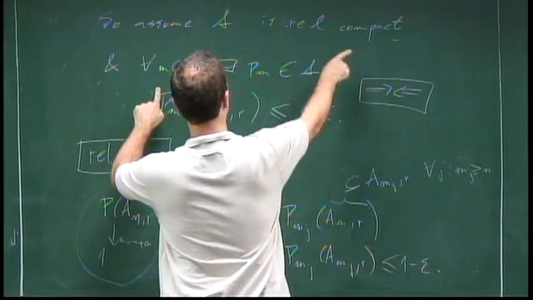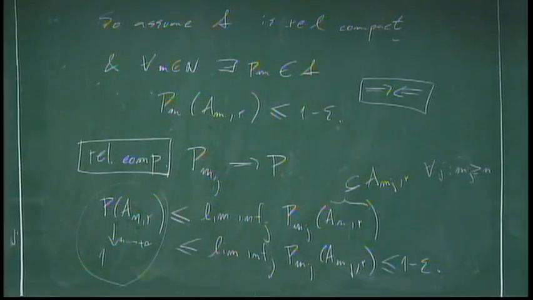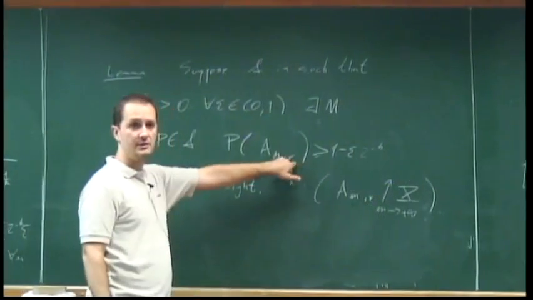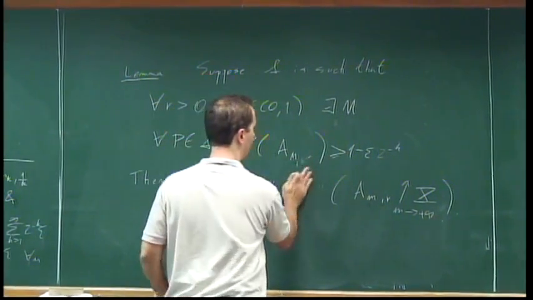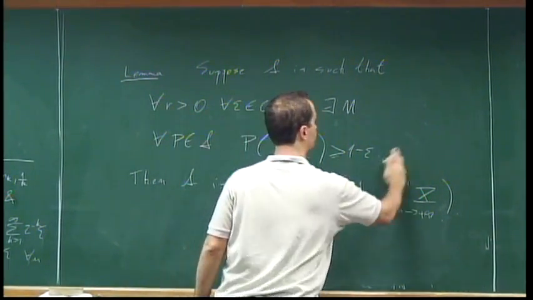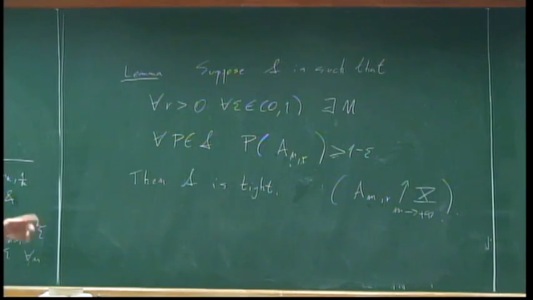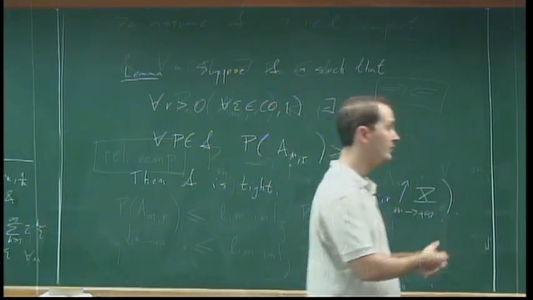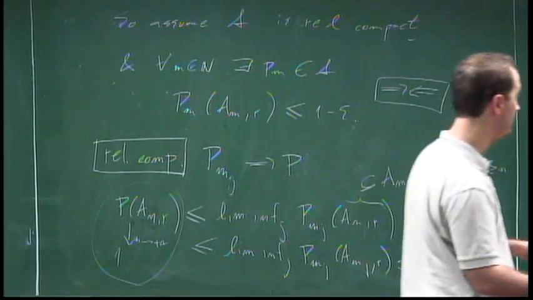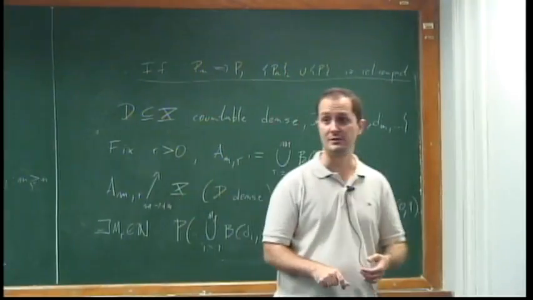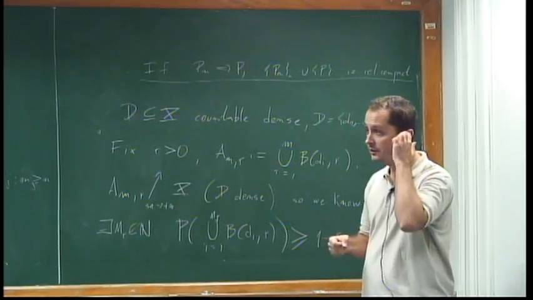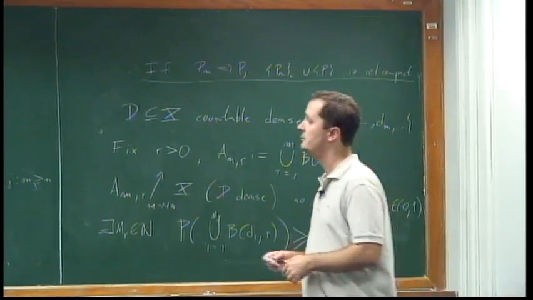If S is relatively compact, there must exist an m such that this holds. Therefore, you can always find a finite union of balls with measure greater than 1 minus epsilon 2^{-k}, and you're done. Okay, this is a lot better.